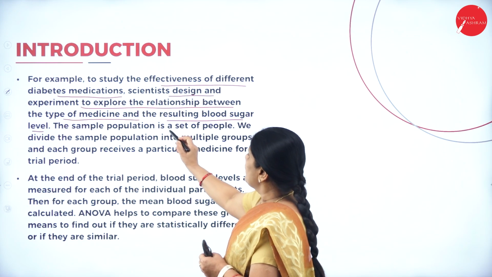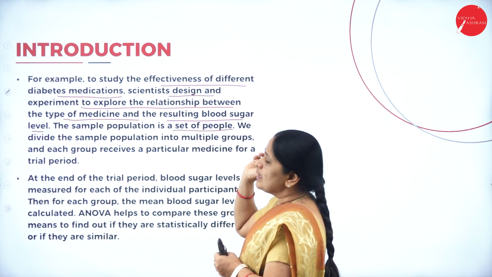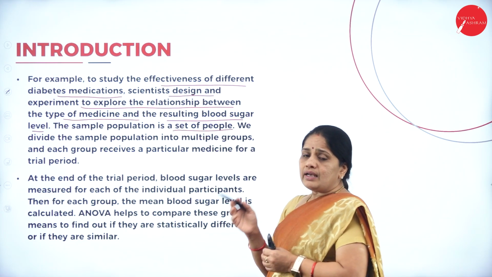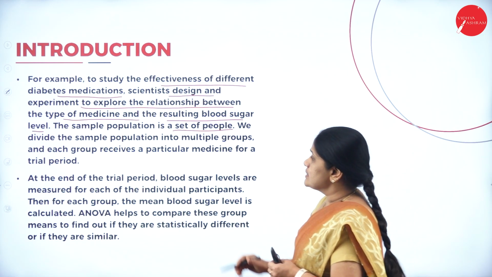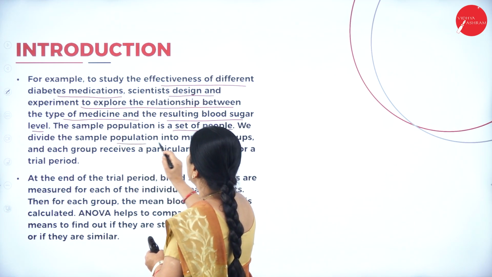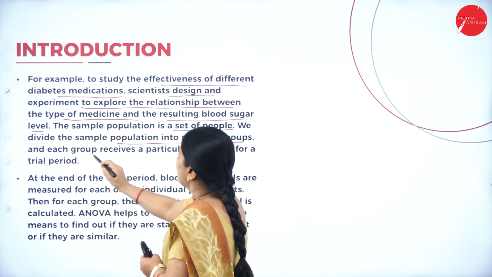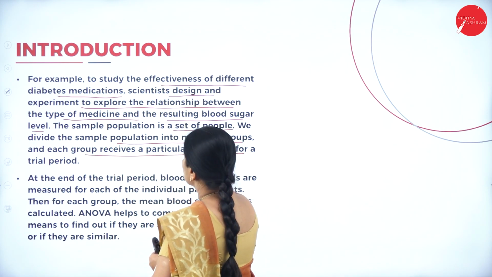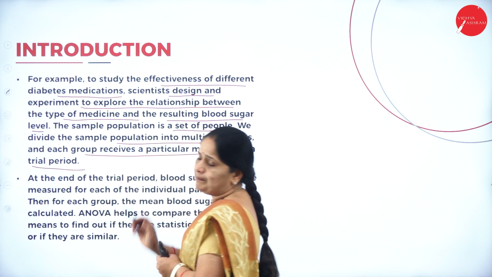The sample population is a set of people. Now, who will be the set of people here? Especially the diabetic patients. We divide the sample population into multiple groups, and each group receives a particular medicine for a trial period.